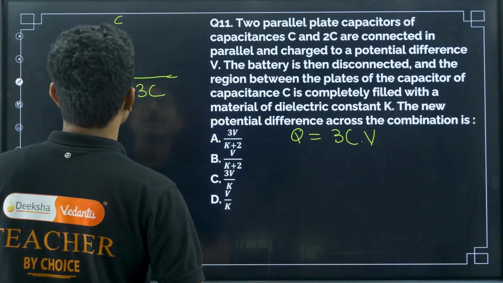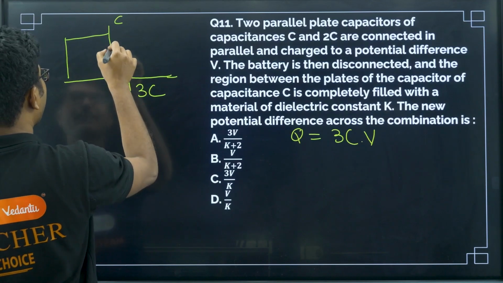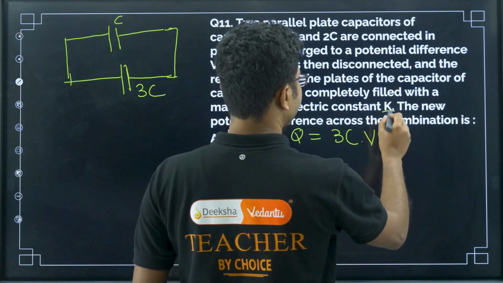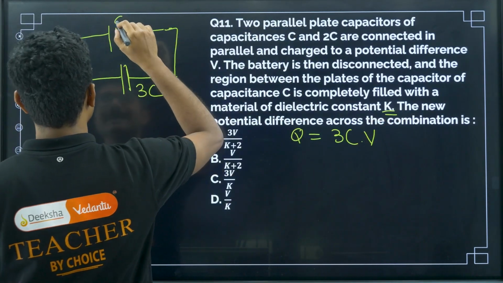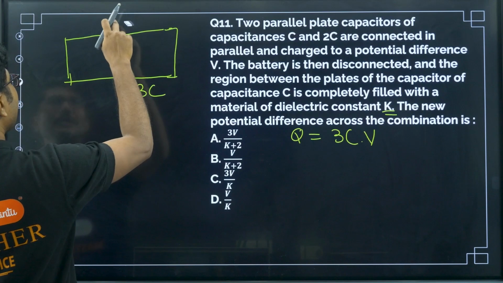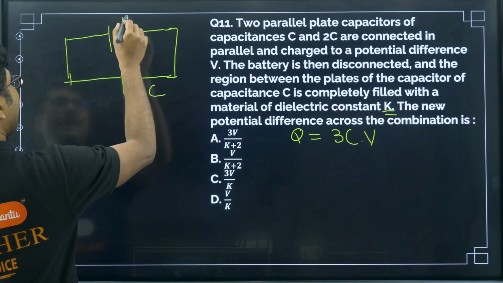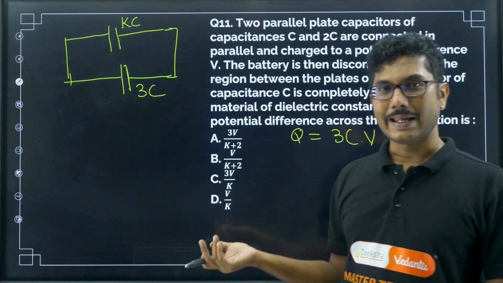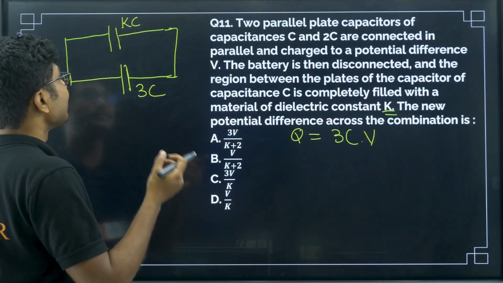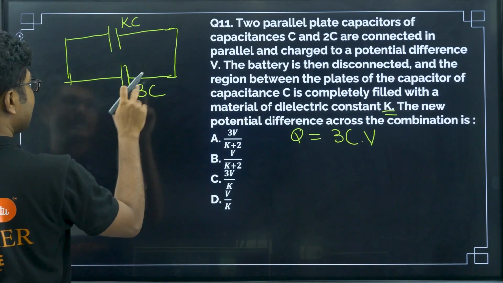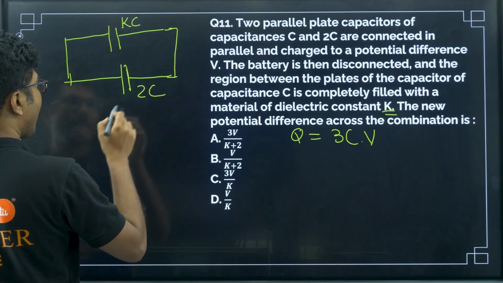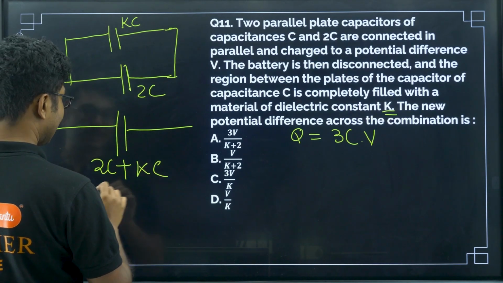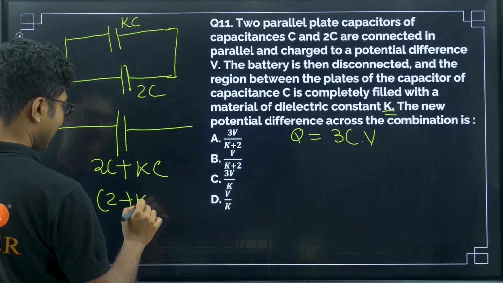Now what has happened? For the second capacitor, we have increased the capacitance by inserting a dielectric of dielectric constant K. So the capacitance in this case will be K times C. If you add a dielectric, the capacitance increases K times. So the total new capacitance will be 2C plus KC, that is (2 plus K)C.